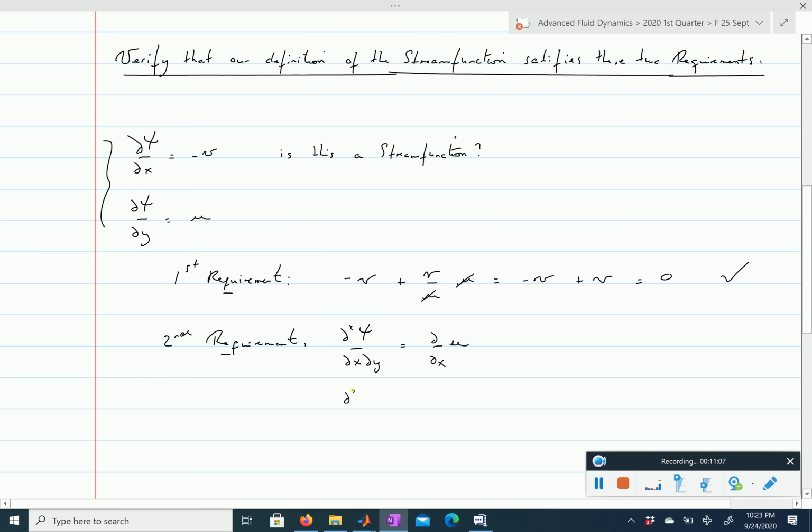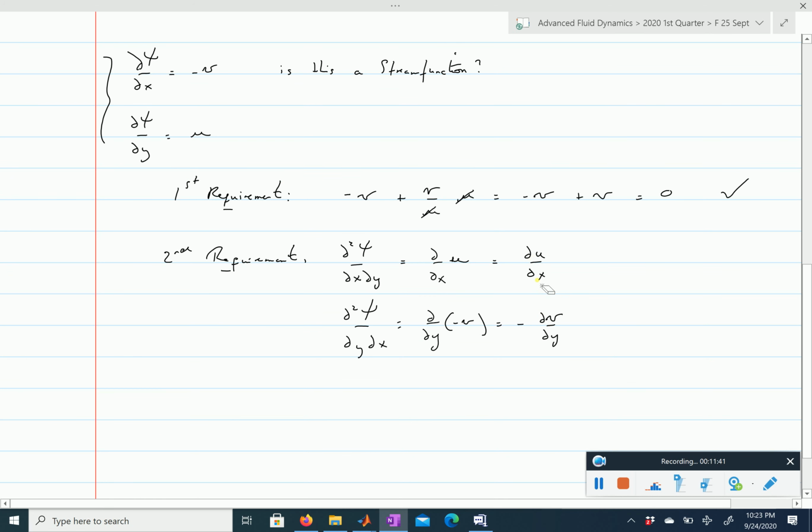And the second cross derivative is equal to the partial with respect to y of partial psi partial x, which is minus v. So one cross derivative is equal to partial u partial x, and the second cross derivative is equal to minus partial v partial y. And then the question is, are these two equal to each other?